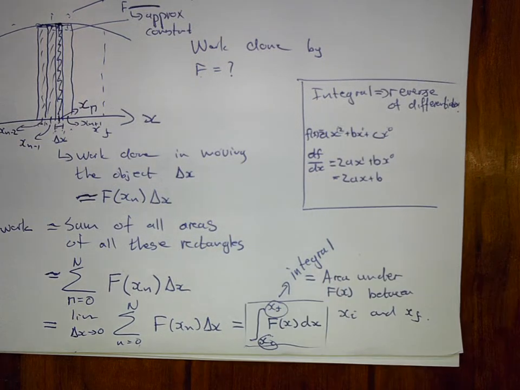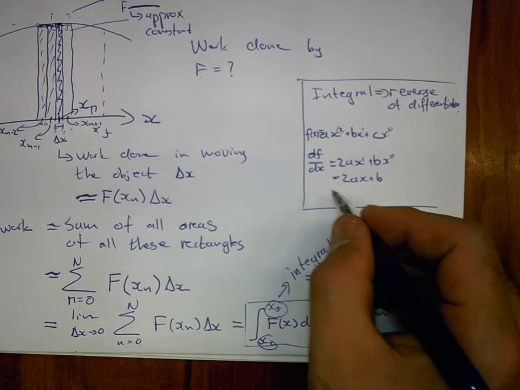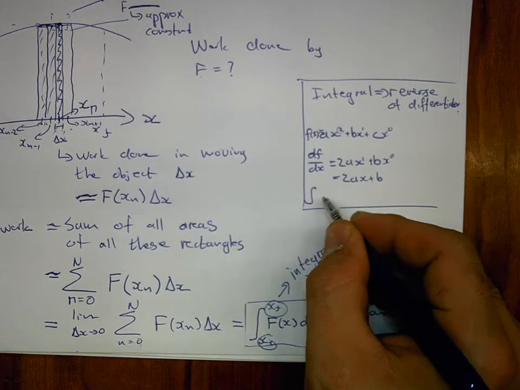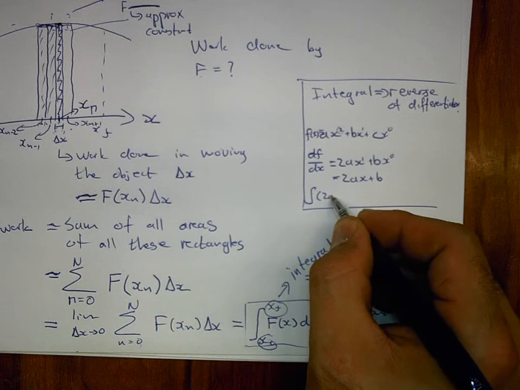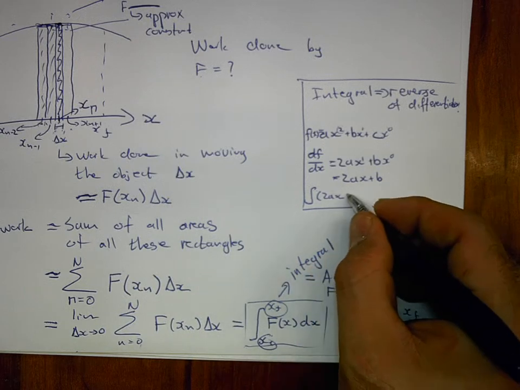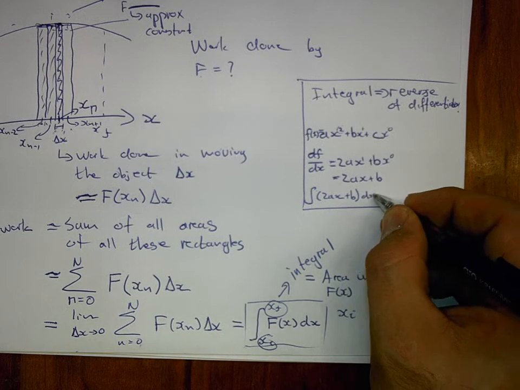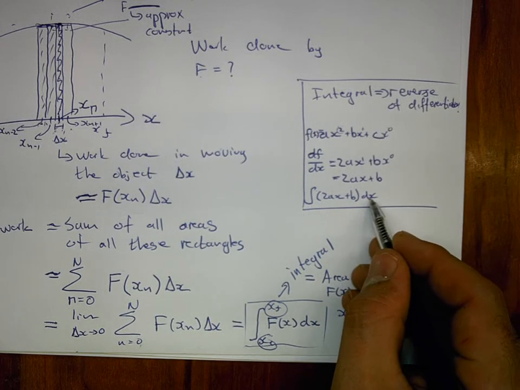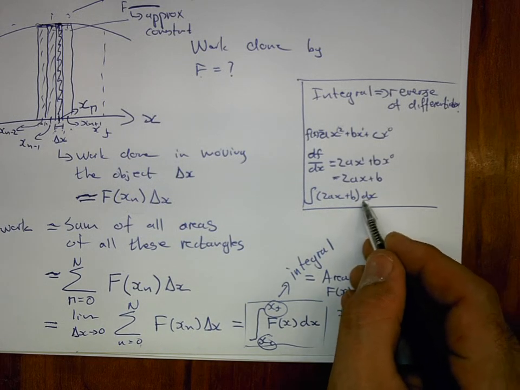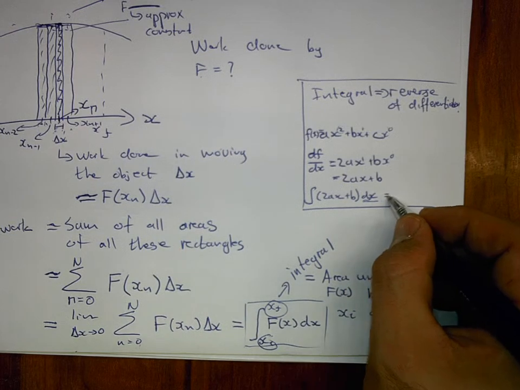Now the integral is the reverse of this. So if I want to calculate the integral now of this function, 2ax plus b, and we always note the variable that we have to integrate with respect to at the end, dx.